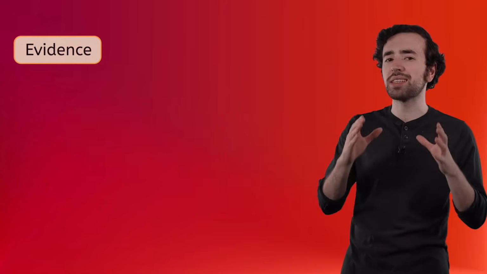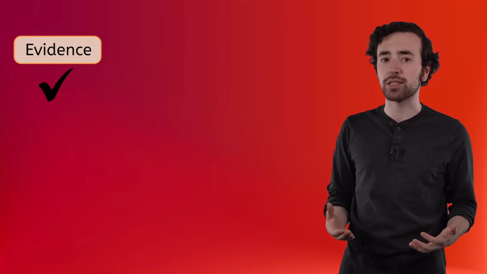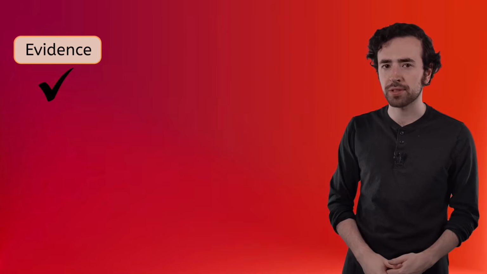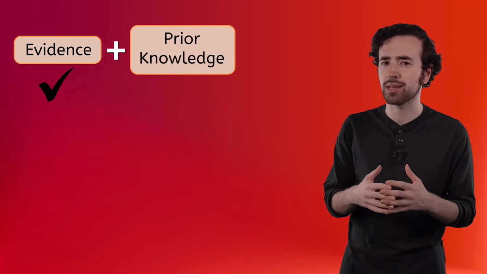So, what did you come up with? Awesome. Let's double check our inferences against the formula. Did we pick out explicit evidence from the text? Yes, we used specific words and ideas from the passage to support our inference. Did we use prior knowledge to help connect the dots?